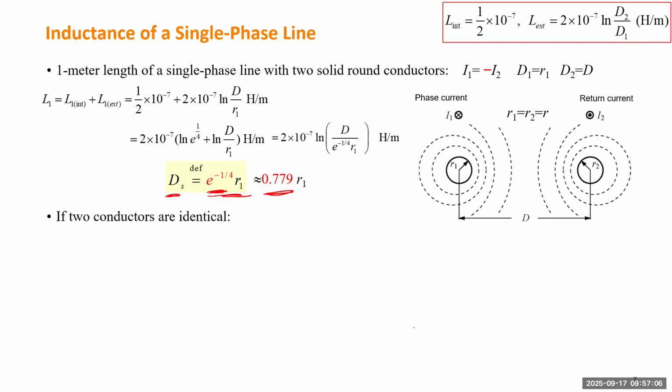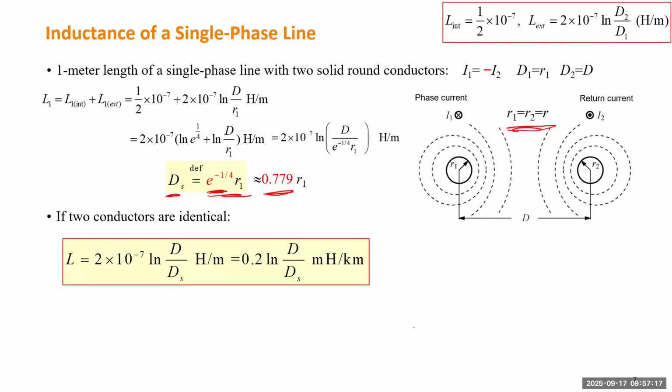By defining this, we can largely simplify the formula of inductance and further assume the two conductors are the same. They have the same radius. That can help us further simplify the formula. So you have two identical conductors that make a single circuit. One sends current coming out of the screen, and the other sends current going into the screen.